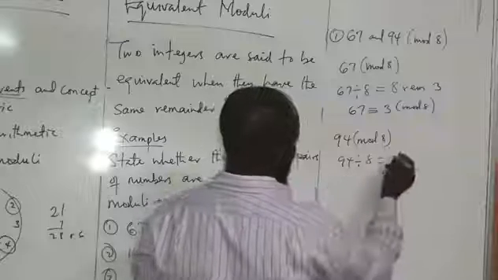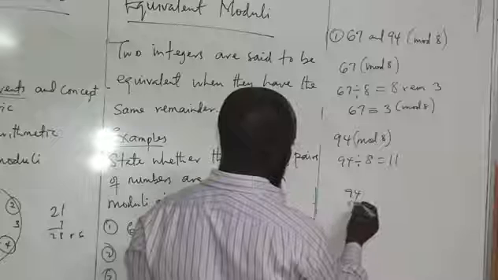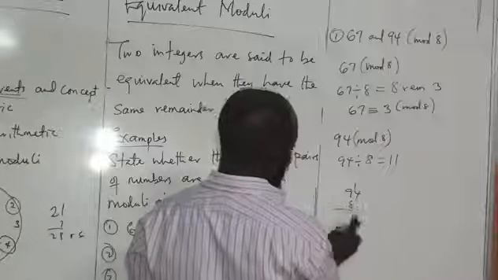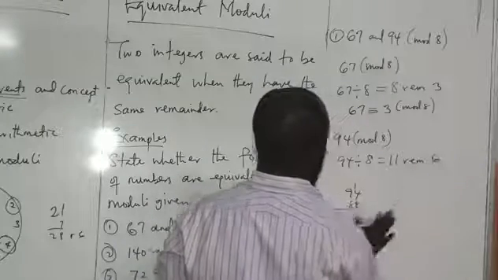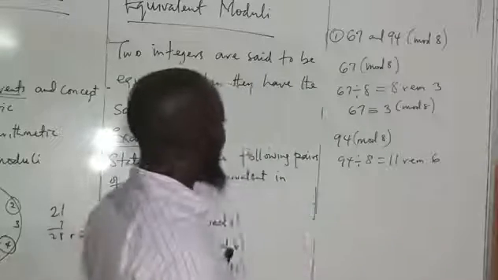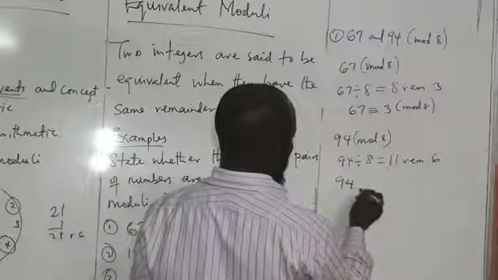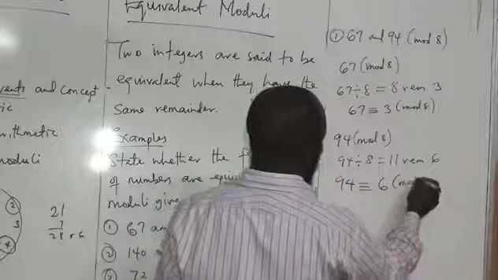That is 11, which is 88. 94 minus 88, that is 6. So remainder 6. Now, from what you can see here, can we say that means 94 is equivalent to 6 mod 8?